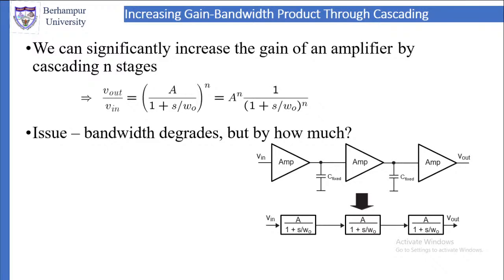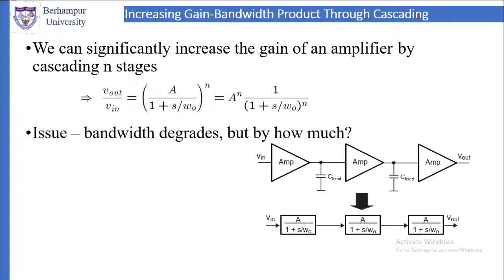Similarly, between amplifier 2 and amplifier 3 there is a C fixed. Now if you do the Laplace analysis or Fourier analysis, and give V in as input, then the transfer function of the first amplifier is A divided by 1 plus S by omega 0.